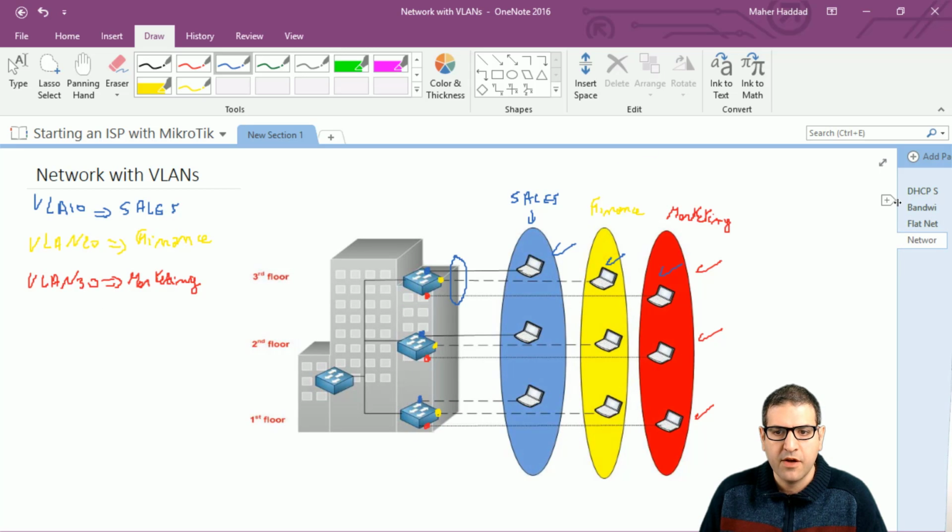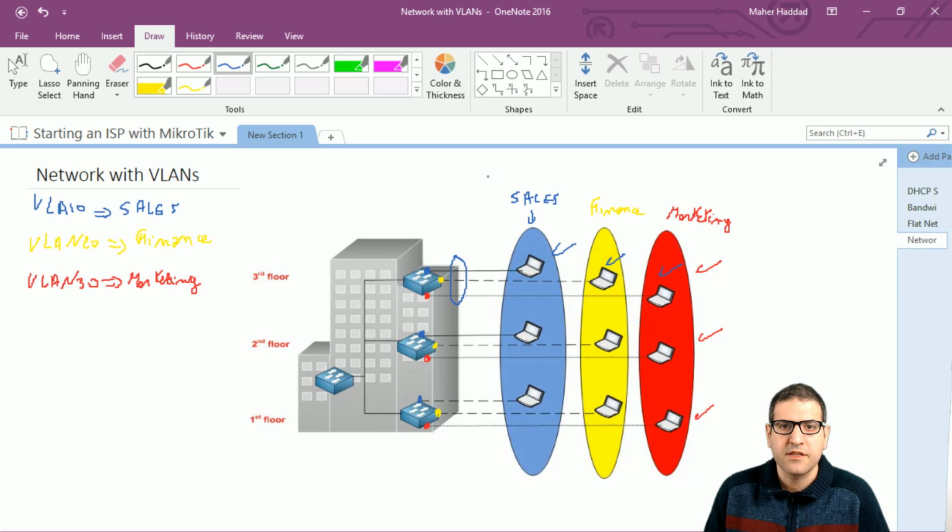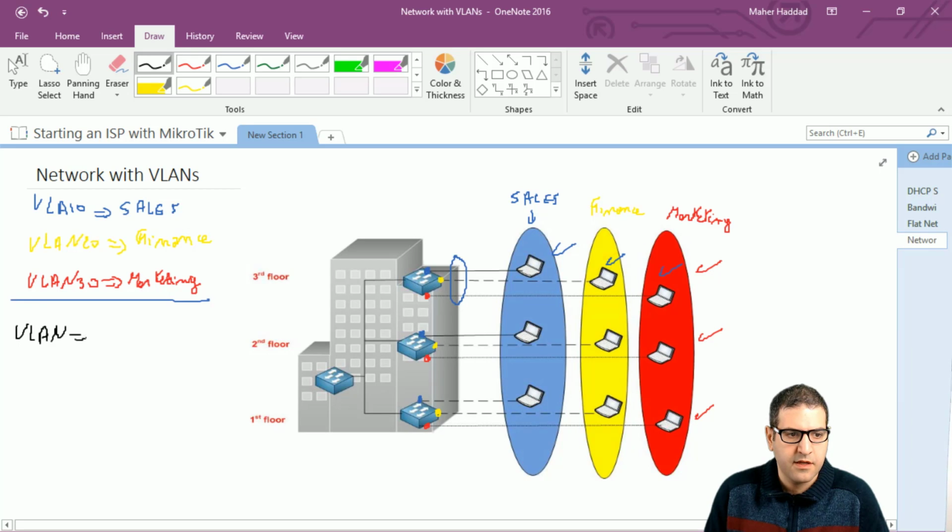Let's first talk about the network ID. It's a concept that you have to remember. Each VLAN has a network ID. In my case, for sales, I will say the network ID will be 192.168.0.0/24. That means this will have 192.168.0.1, this .2, and this .3.